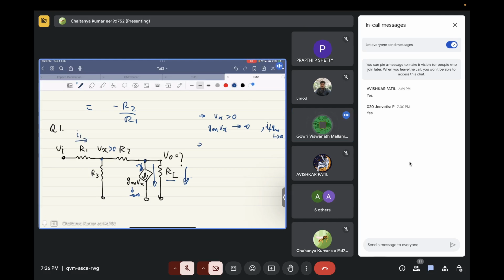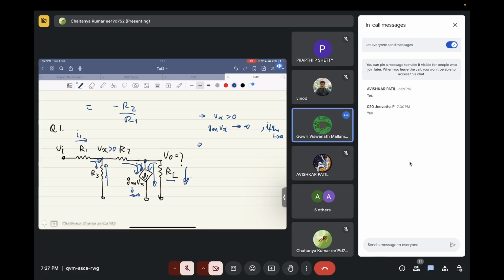Let's say this current was I1. So this current will divide between these two guys, right? And then there will be some division of the current between I1 and whatever is flowing from here. Let's say I3.